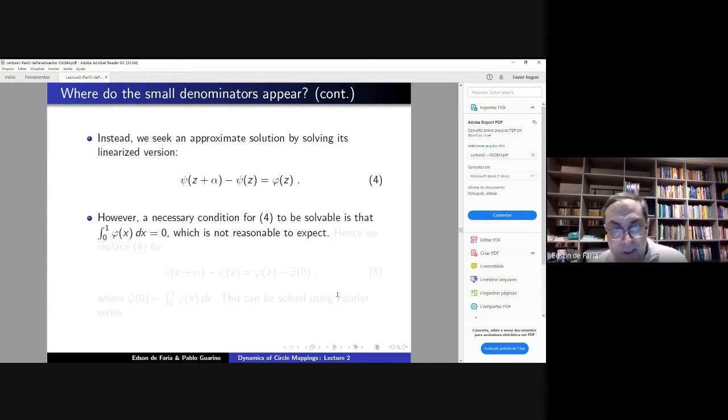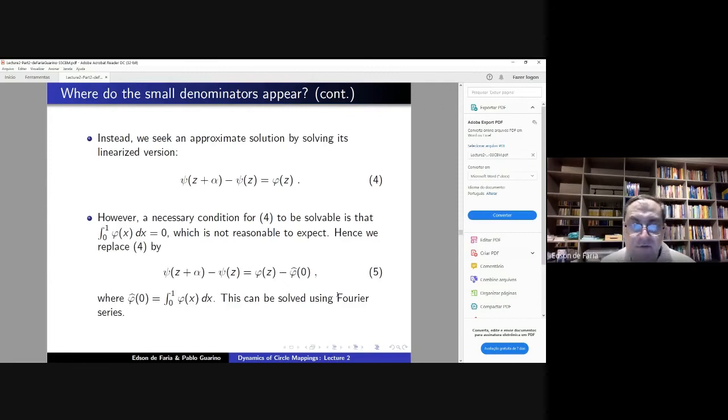So what you really need to do is change this equation a little bit. You replace this equation 4 by this equation 5 that you see here. Now you see I added this term minus phi hat of 0, where phi hat of 0 is the integral from 0 to 1 of phi. If I subtract that constant, then the equation makes perfect sense.